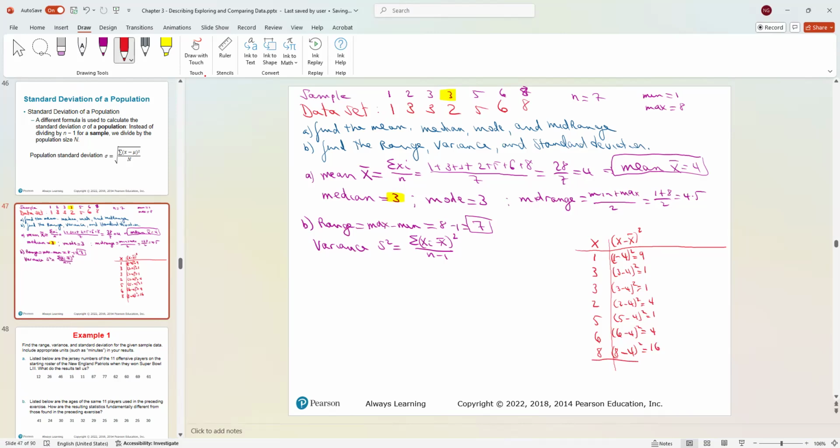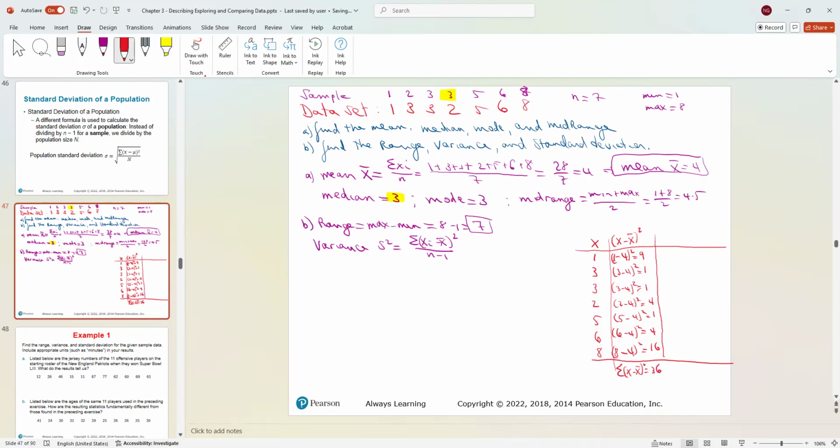Now, our goal in this case is the sum. So we want to know what the sum of (x minus x bar) squared is. When you add all these numbers, 9 plus 1 is 10, plus 1 is 11, plus 4 is 15, plus 1 is 16, plus 4 is 20, plus 16 is 36.